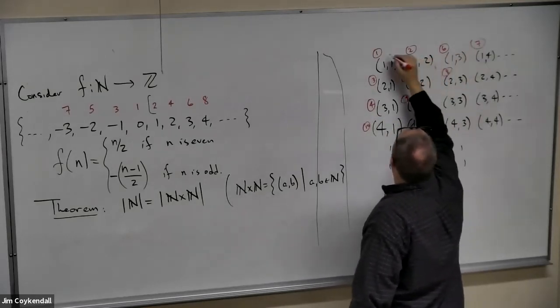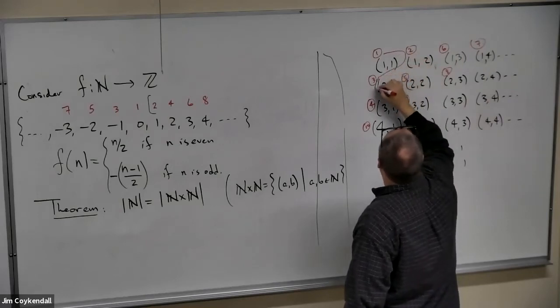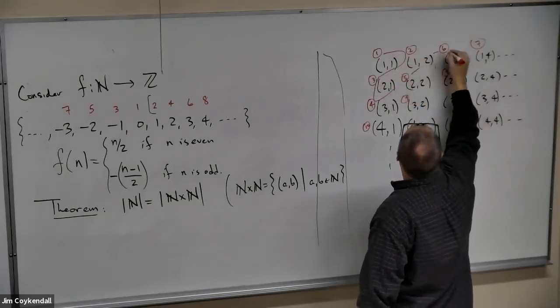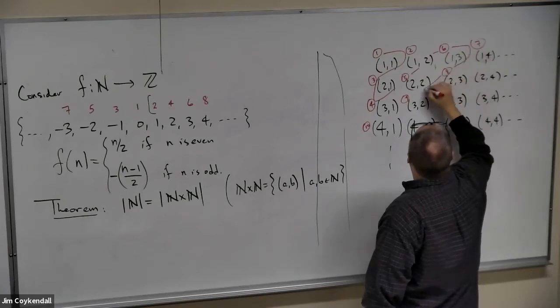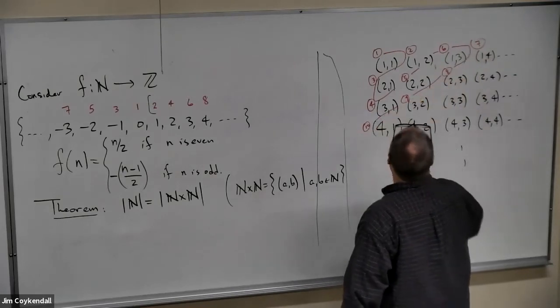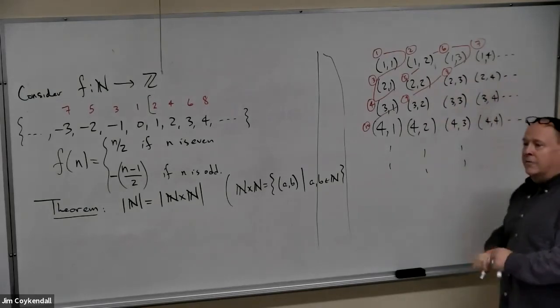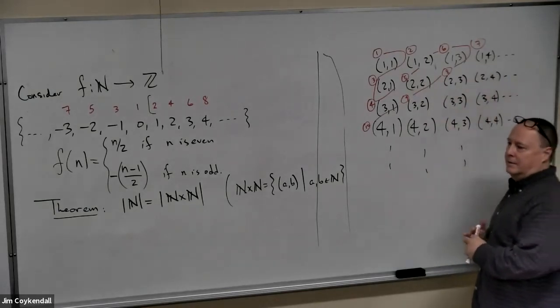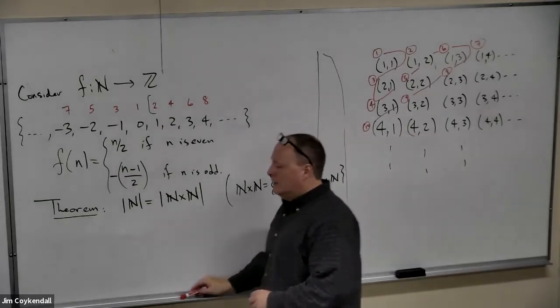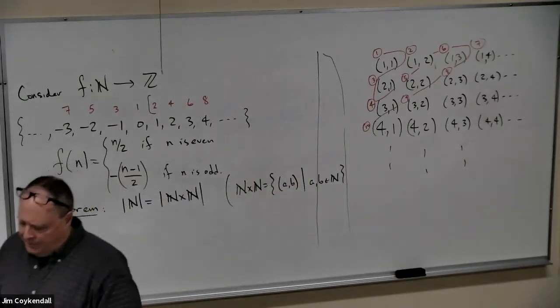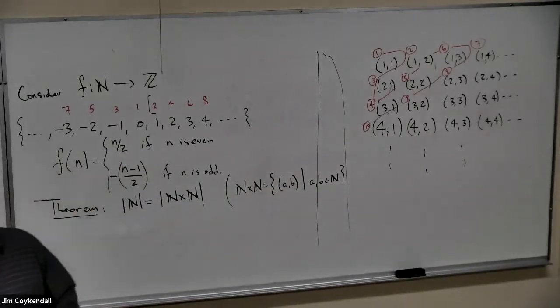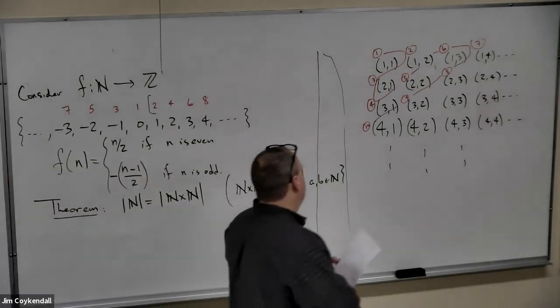So basically, I'm doing a snake, like that. And as you can see, I will wrap through every possible ordered pair. I'll give you another function that's actually concrete. I can actually write it down.